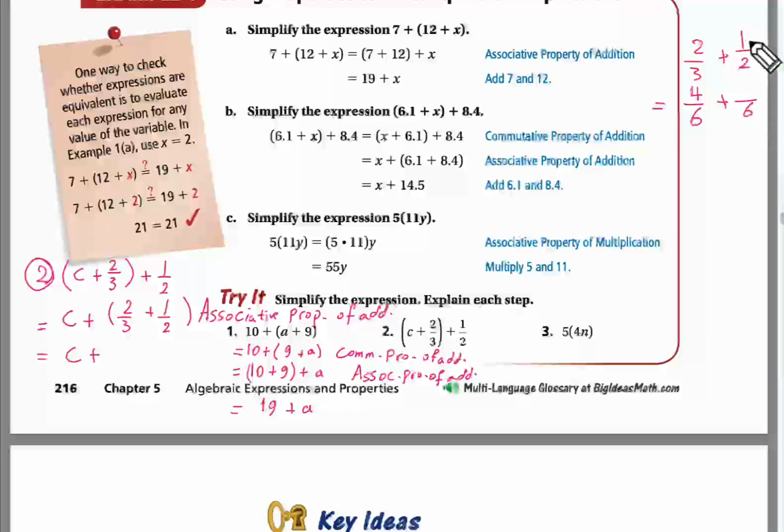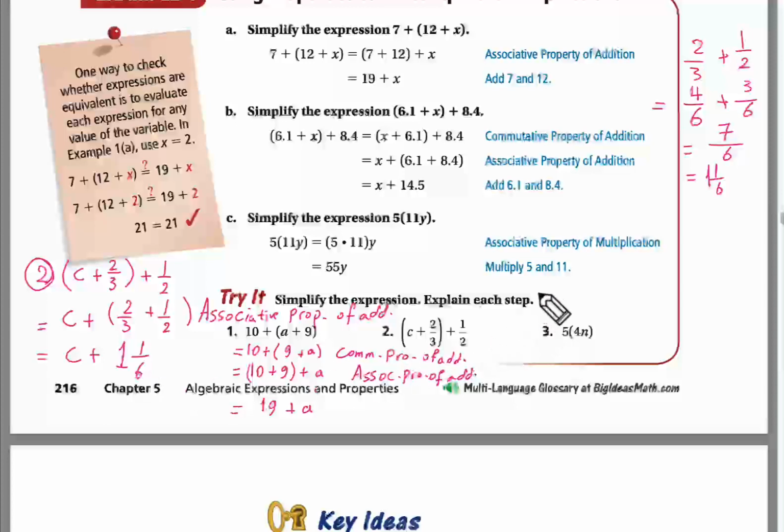We do the same with the numerator: 1 times 3 equals 3. Now add the numerators. Sorry, the denominators we do not add, we keep the denominator. So we have 7 over 6. This is an improper fraction, so it will be 1 and 1/6. So it's C plus 1 and 1/6.